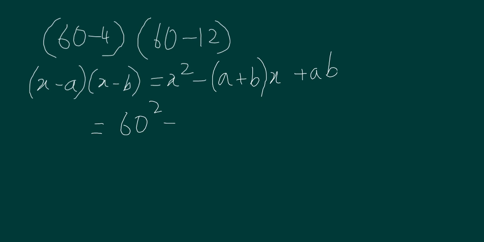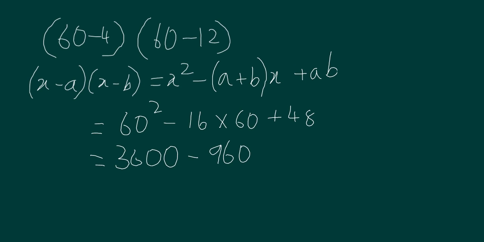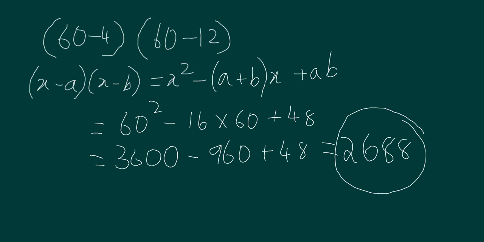So 4 plus 12 gives me 16 times again 60, and ab is again 4 into 12, which is plus 48. This ends up with 3600 minus 960 plus 48, which on addition and subtraction, the final answer is 2688. Same as the previous one.